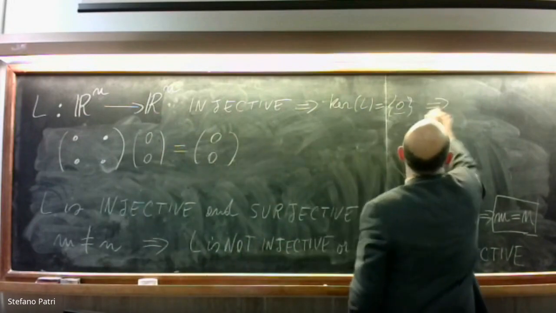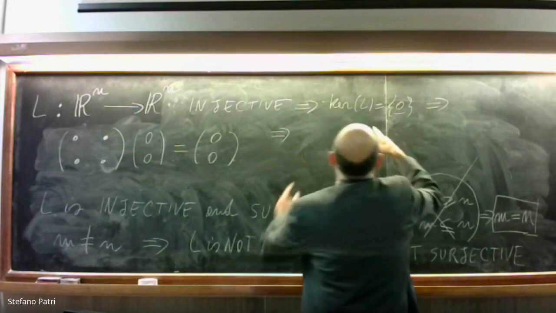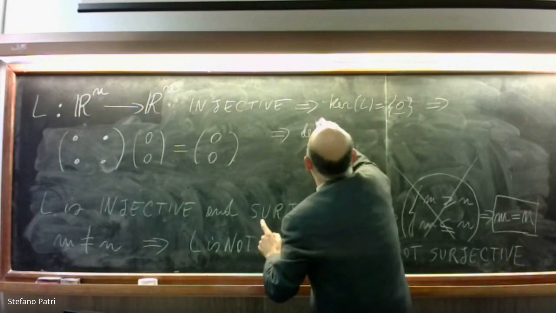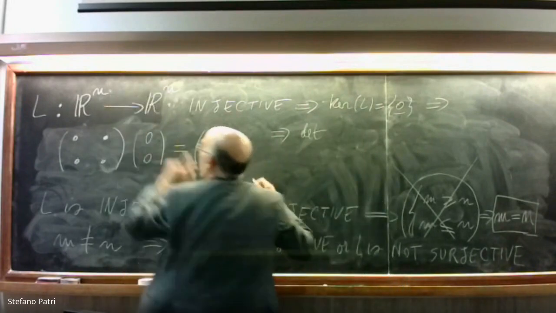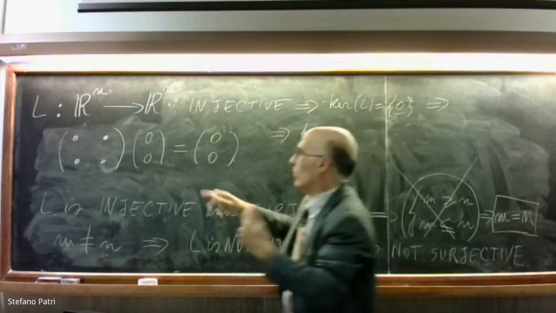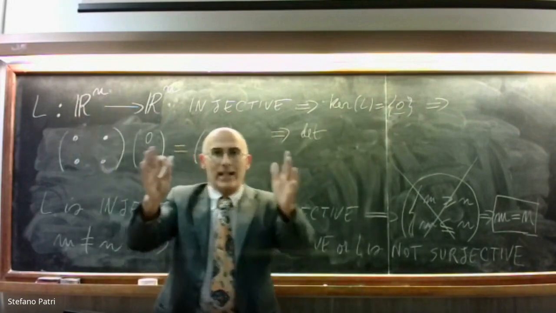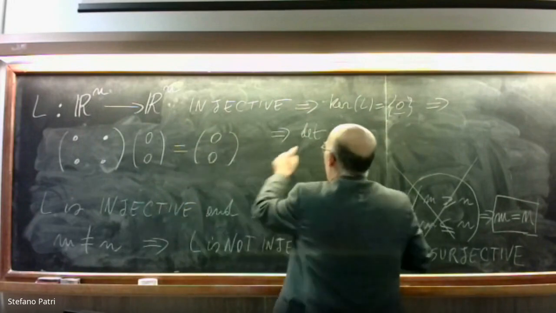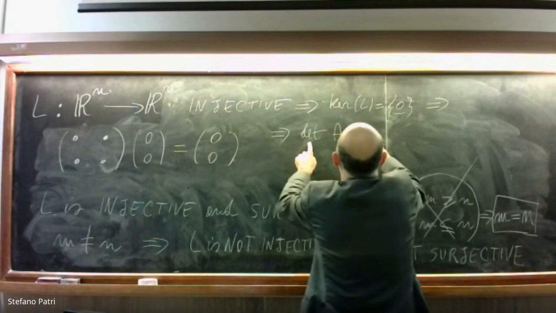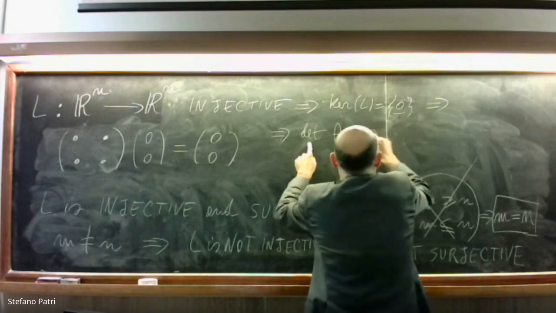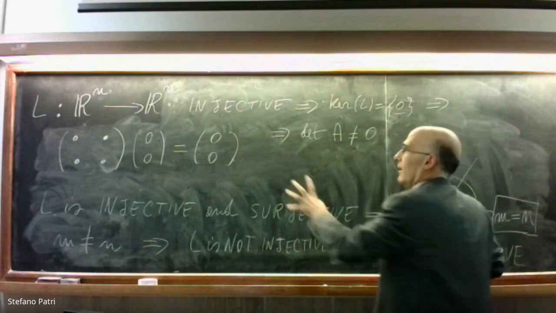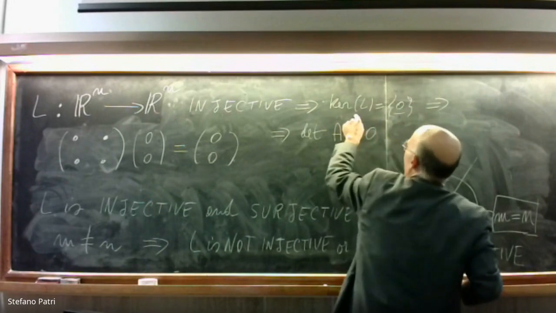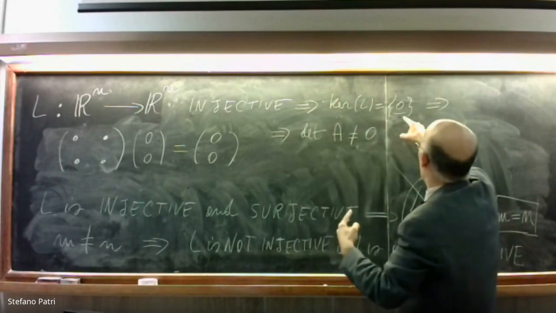And then, if the kernel consists of the zero vector only, the determinant of the square matrix, because the associated matrix, when the dimensions are equal, is a square matrix, the determinant of A is not equal to 0. If L is injective, it follows that the kernel consists of the zero vector only.